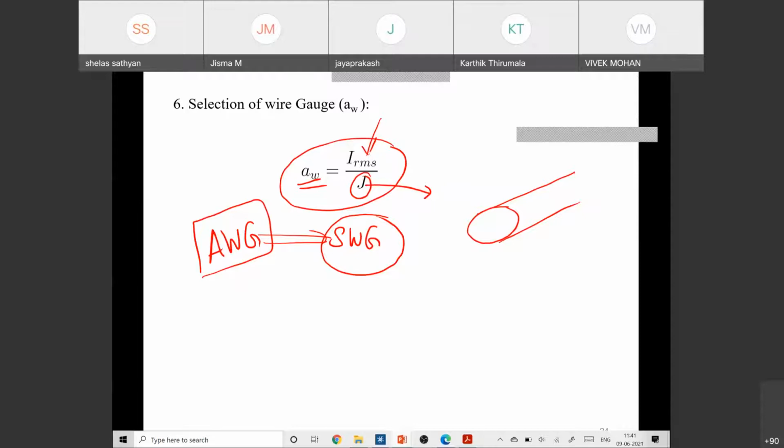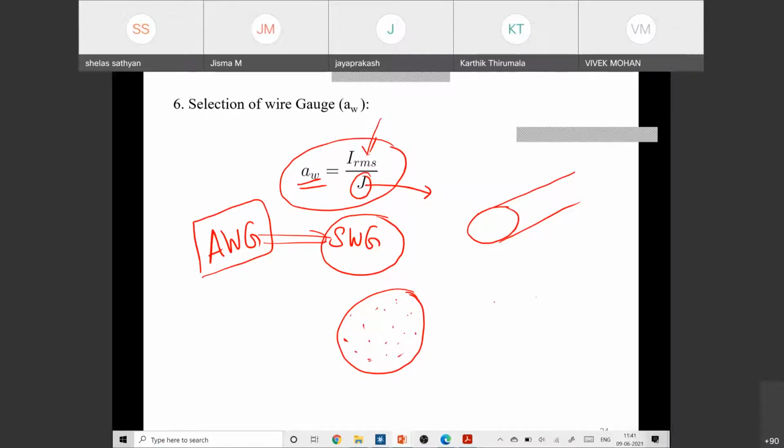But there is one more thing that you need to consider: when your switching frequency increases, that is, when the frequency of operation increases, the selection of the conductor is quite important. At low frequency, the current through the conductor will be equally distributed throughout the conductor. But at high frequency, what will happen?